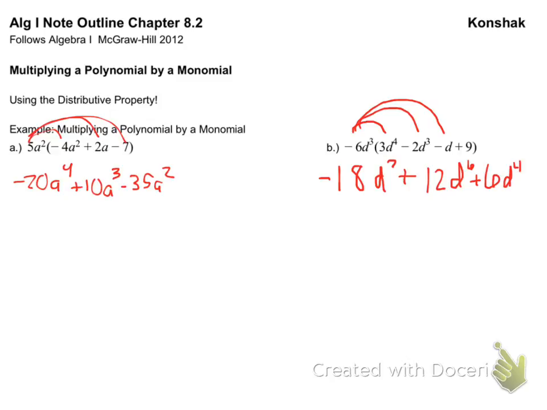The 4th. I'm just going to have to go on the bottom. And then I combine the like terms, so it would be negative 18. It's hard to write on this.